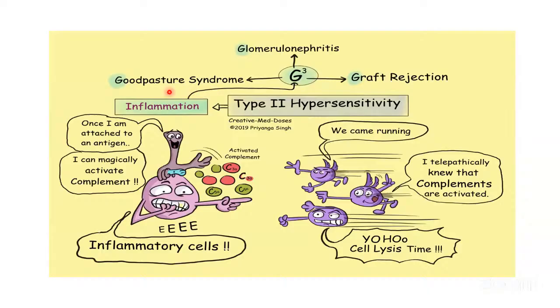Then we have the glomerular basement membrane antibody, which causes Goodpasture syndrome, all affecting the kidneys, and you're going to have impaired renal function.